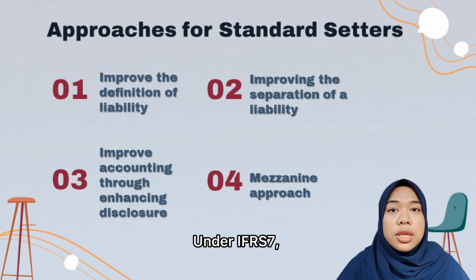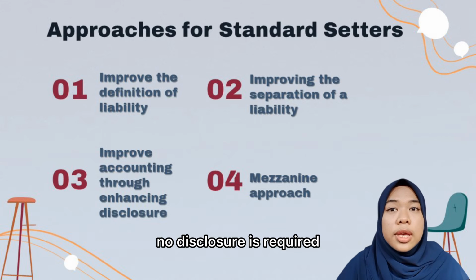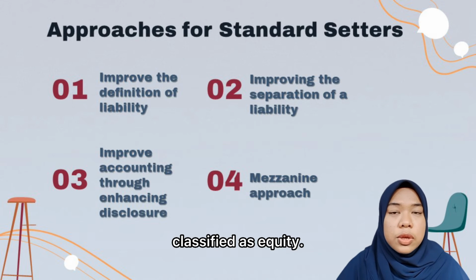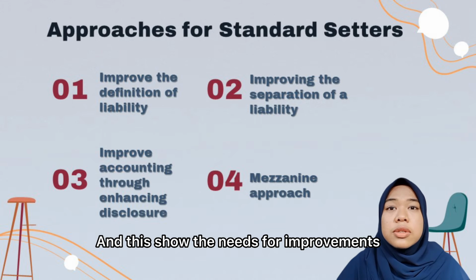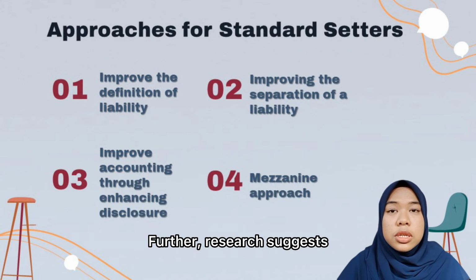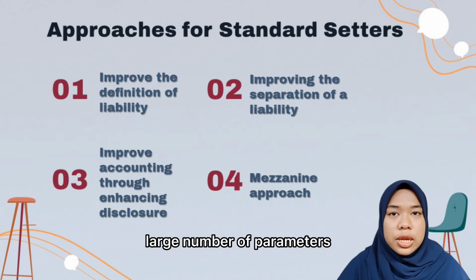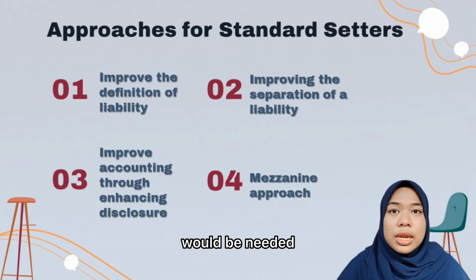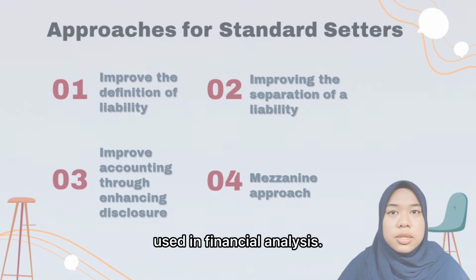Under IFRS 7, no disclosure is required for instruments classified as equity, and this shows the need for improvements in disclosure in this area. Further, research suggests that the disclosure of a large number of parameters would be needed to adequately illustrate the valuation model presently used in financial analysis.